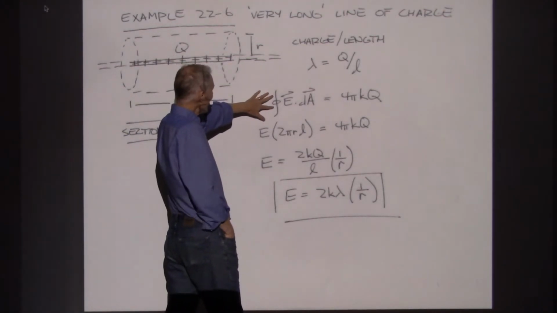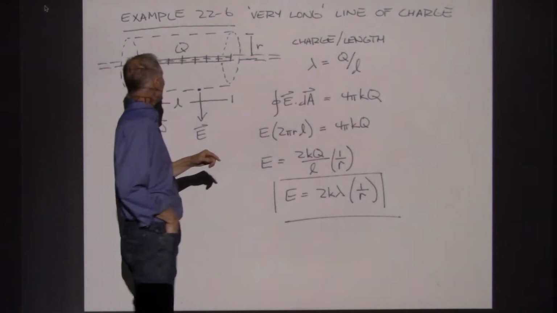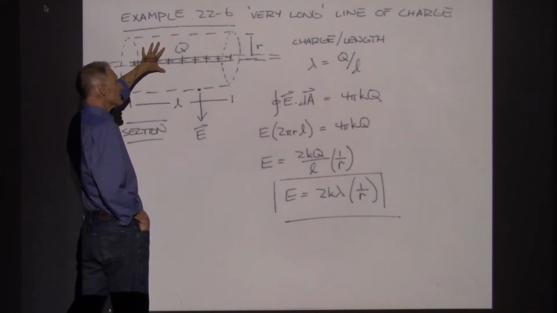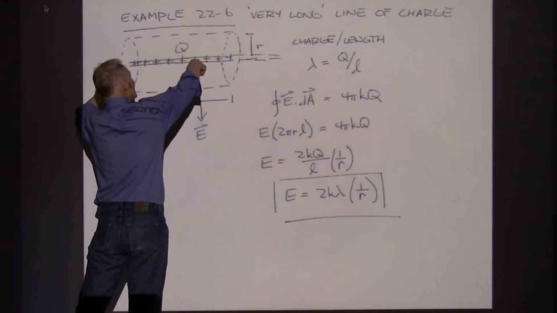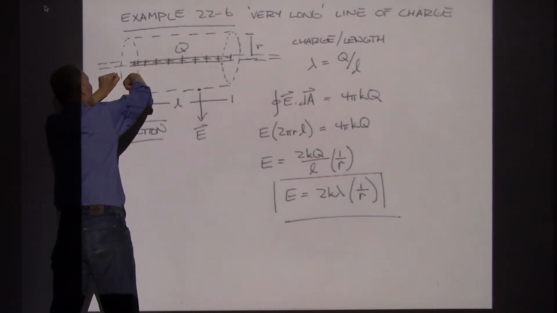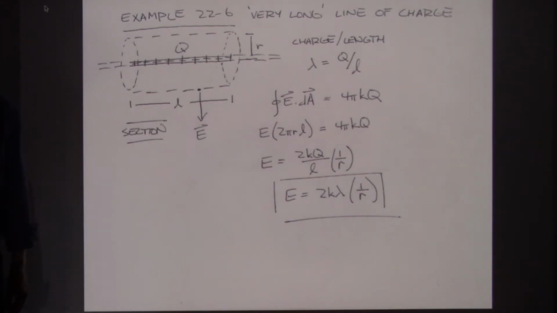Now I'm going to take Gauss's law. We said the left side's easy. It's the electric field times the area that the electric field is crossing. Now what we're assuming with this cylindrical symmetry is that the electric field only comes away from the wire. That means that the electric field doesn't pass through the end plates, right?